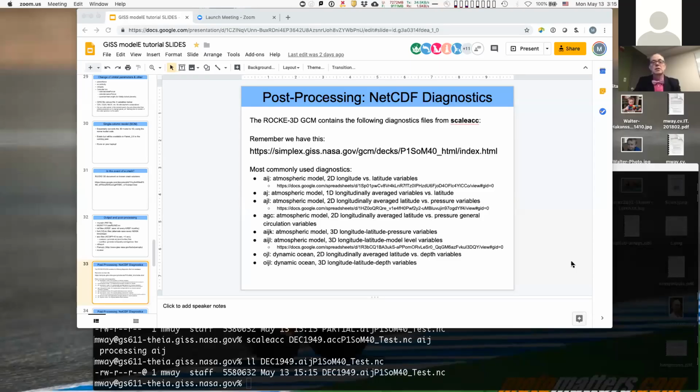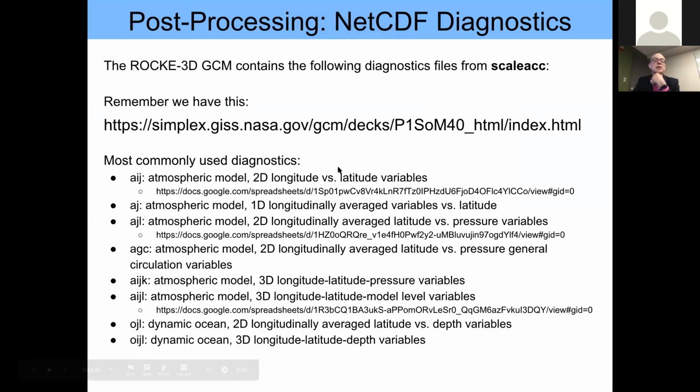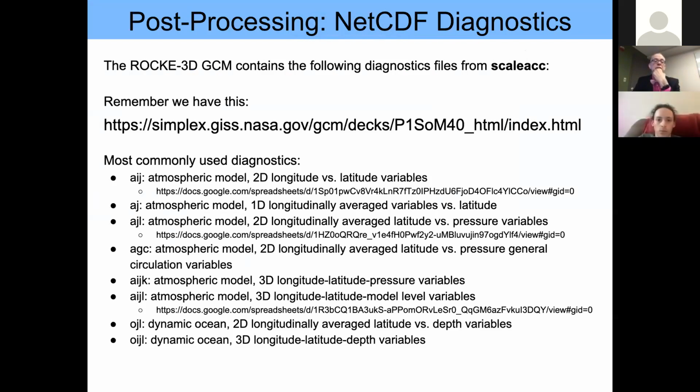There are a slew of diagnostics that you can use. The AIJ file I just mentioned is what we call the atmospheric diagnostic output. So it's 2D, latitude and longitude variables, and there are a whole slew. We have attempted to put some documentation together to explain what these variables are, because nobody on the Earth side ever did.